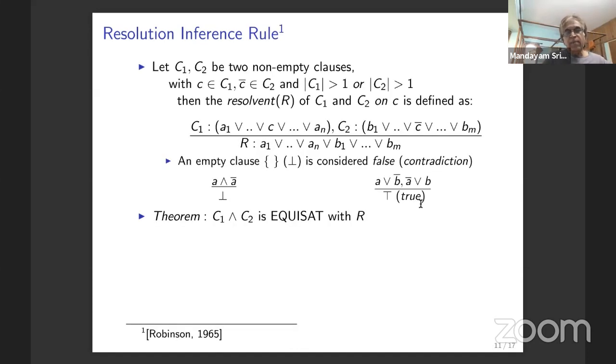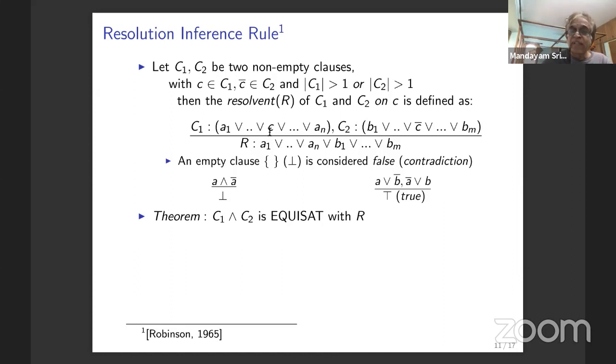So Robinson's theorem was that C1 and C2 is equisatisfiable with R. I'm using the term equisatisfiable because they are not equivalent, in that R can have one fewer variable. And this is easy to see why: if C1 and C2 is satisfiable, then say the satisfying instance makes C to be 1.